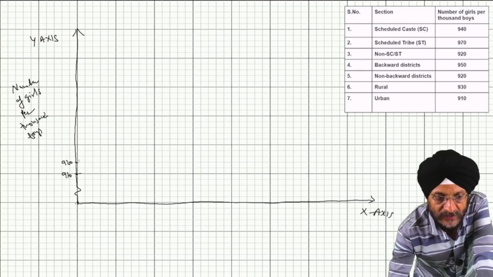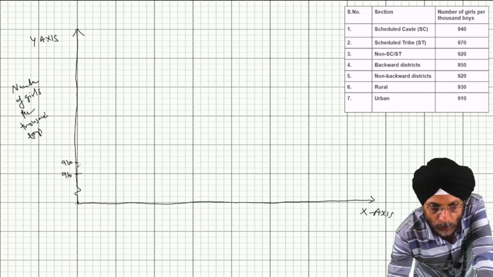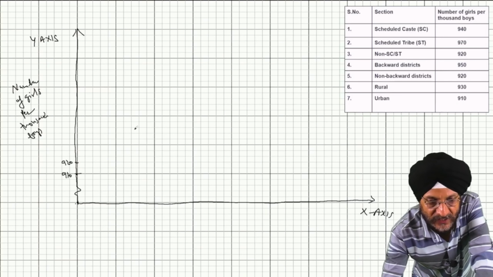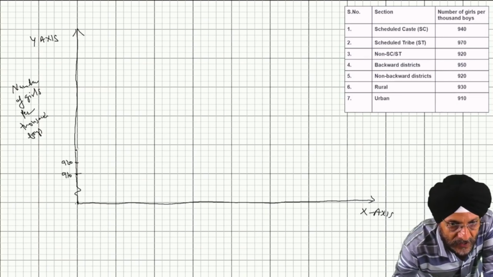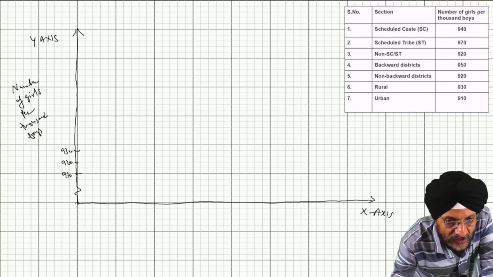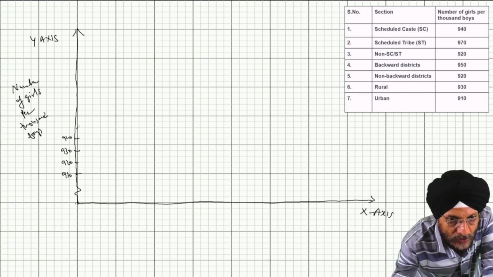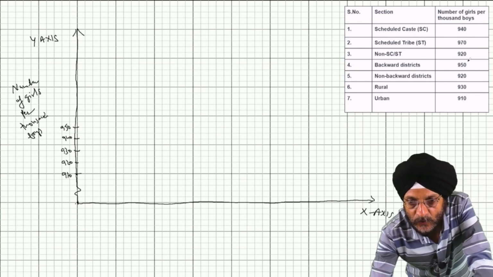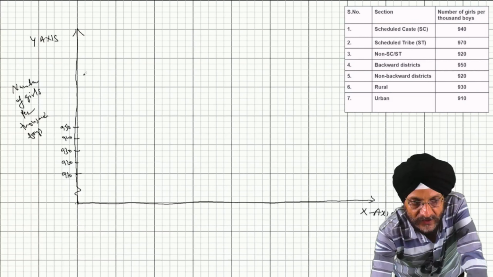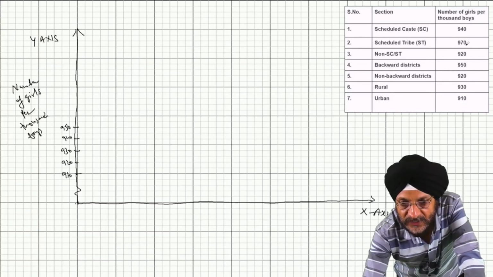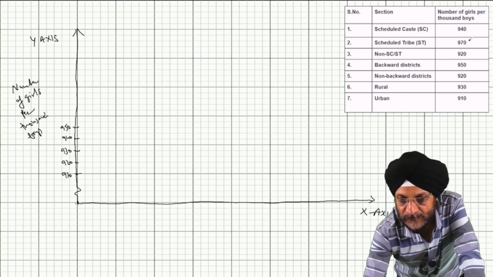So every two cells, we are adding the information by 10: 930, 940, 950. Here we will add on this information up to the point which is 970, the highest.